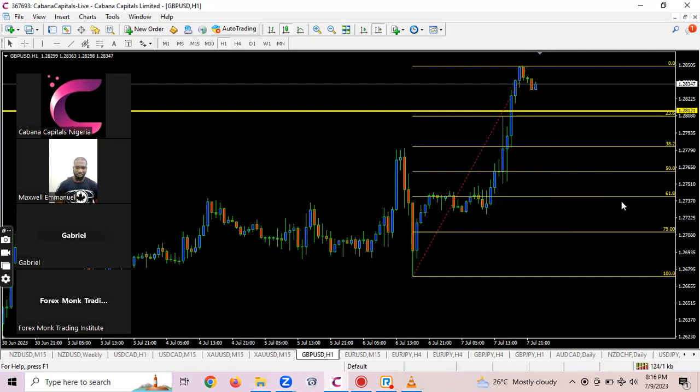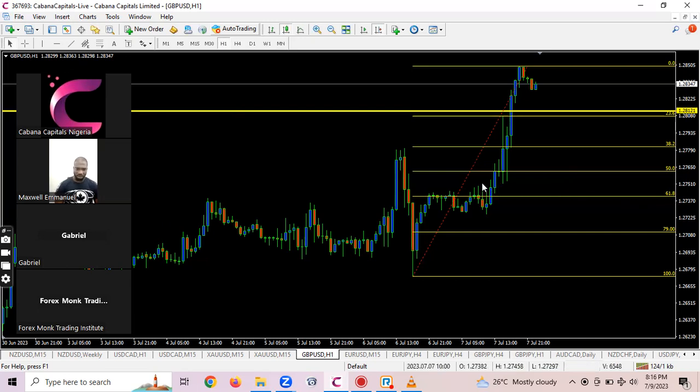It's not a key level. 61.8 is a key zone. You can see price ranged, we had ranging markets, so this is a key level. 50 is not a strong level, so I'll consider level 61.8.